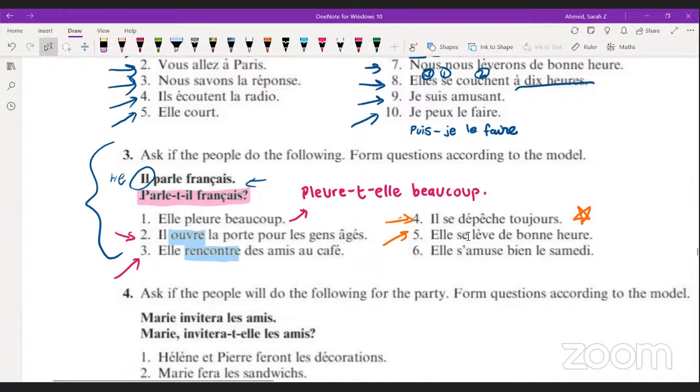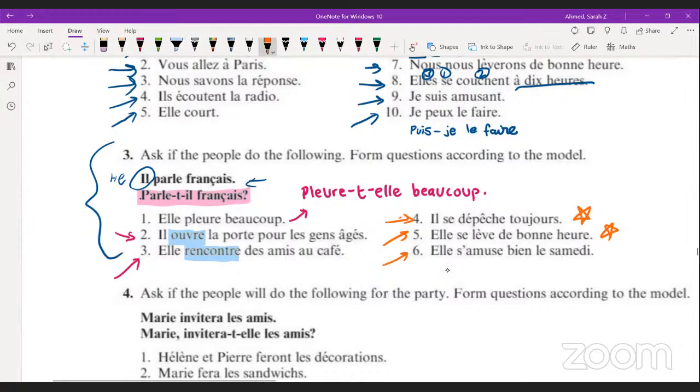Elle se levait de bonne heure. Oh, excellent. Okay, you got the order completely right. You said se levait-elle de bonne heure.